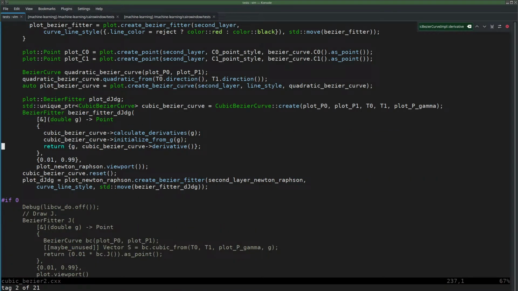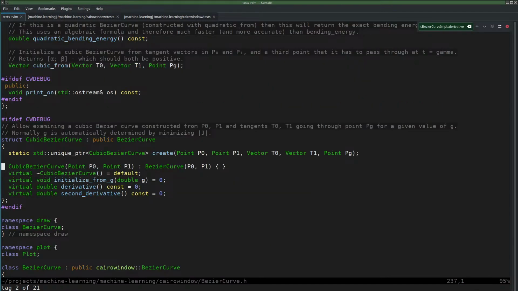Jesus, not that again. Yeah, let's just pass G to these. It's just debug stuff anyway.